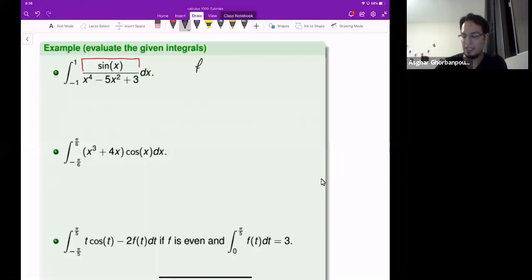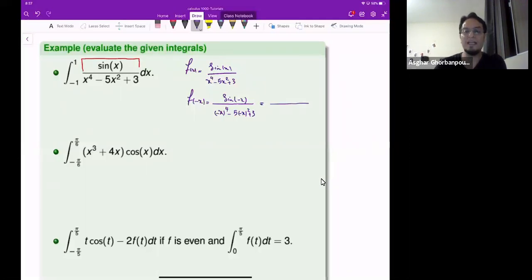If the function is sine x over x to the fourth minus 5x squared plus 3, then when I plug in minus x for the function, I will see sine of minus x over minus x to the power 4 minus 5 times minus x squared plus 3.